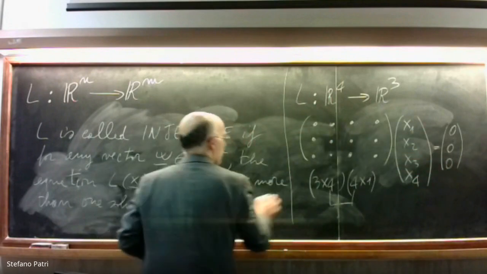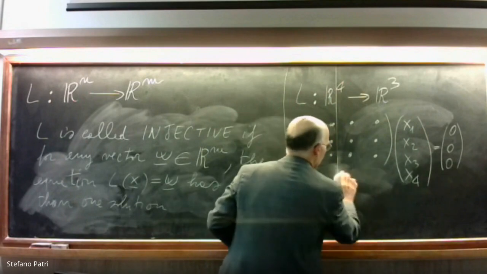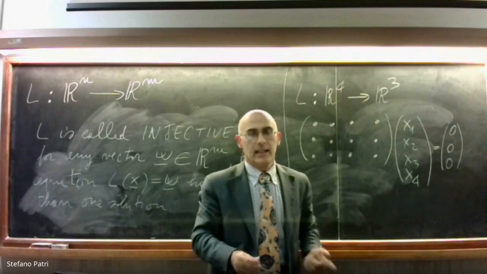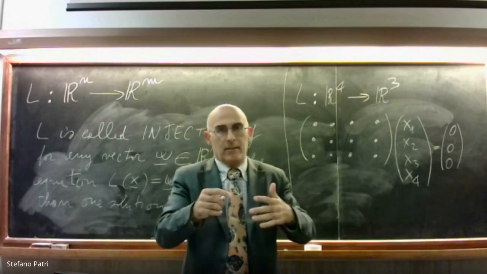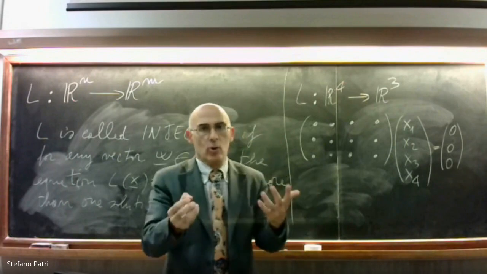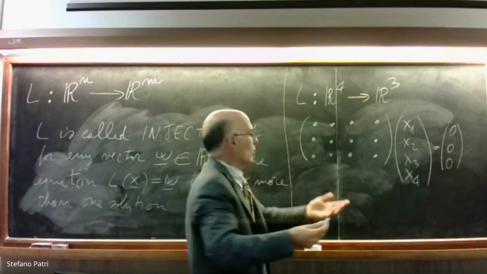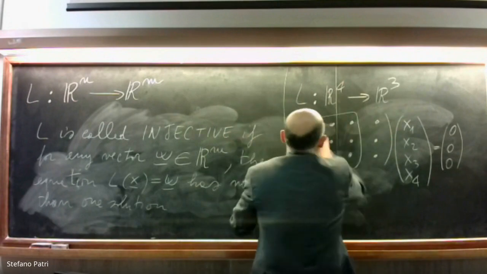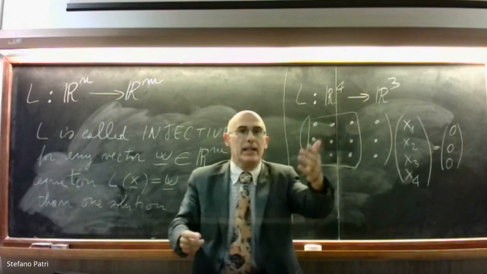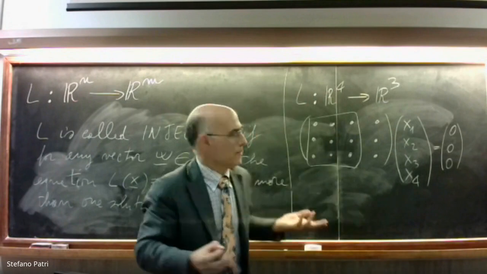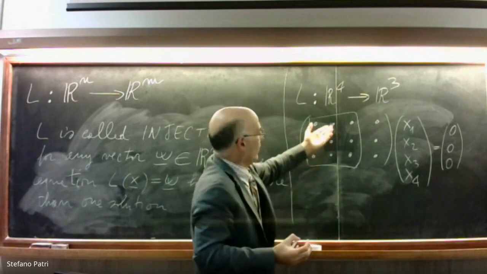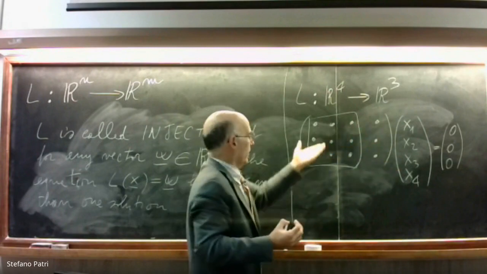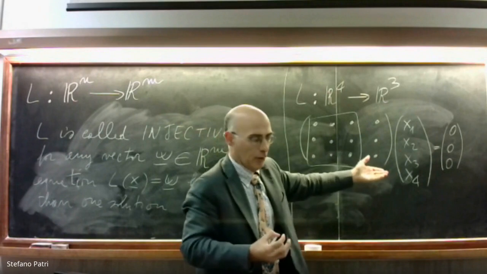Well, but the rank of this system can assume as highest value the rank 3. This matrix can be at most of rank 3 because rank 4 is not possible: the matrix has not the fourth row.